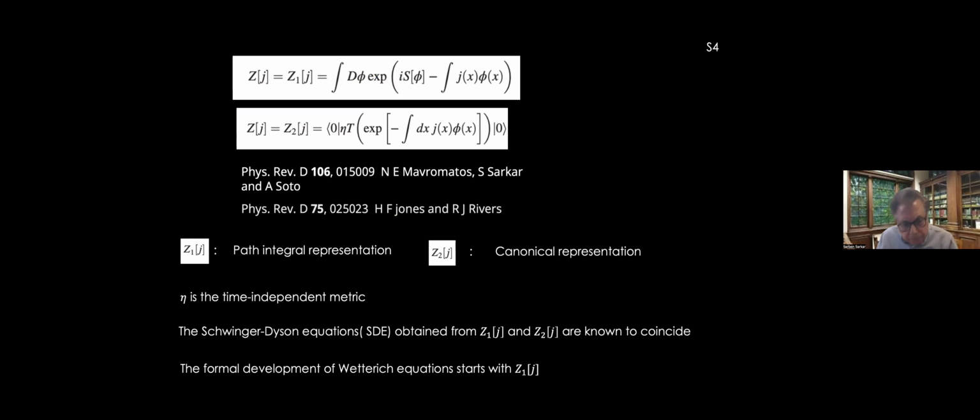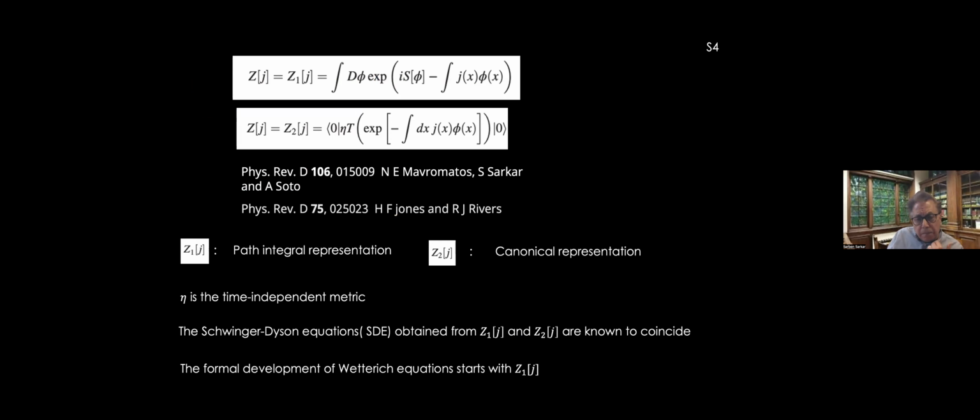But nonetheless, what I would like to point out to you is that if you look at the partition function, the top partition function is in terms of a path integral, and the second partition function, the lower one, is in terms of the canonical formulation, where you have a time-ordered exponential and you have this metric eta. That metric eta can be quite complicated or may not be easily calculable at all.